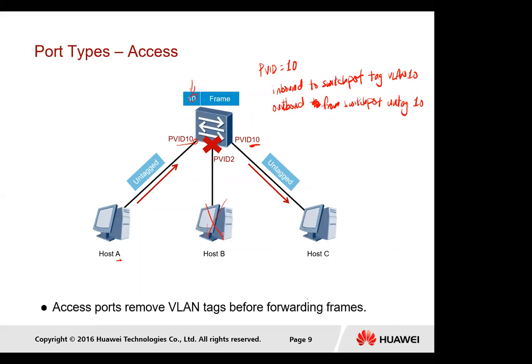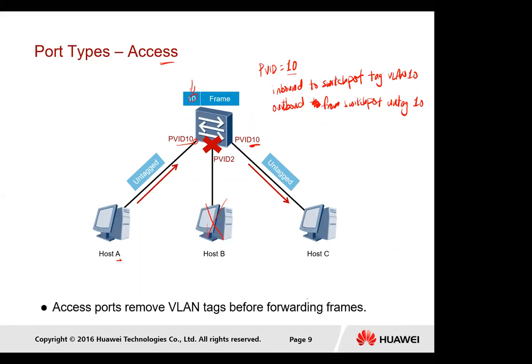A can talk to C, but they can't talk to B. Okay, an access port removes the VLAN tag before forwarding the frame. Always remember they're based on your PVID: inbound, tag; outbound, untag. When they go into the switch port, they will tag VLAN 10. When they go out from the switch port, they will untag based on your PVID.